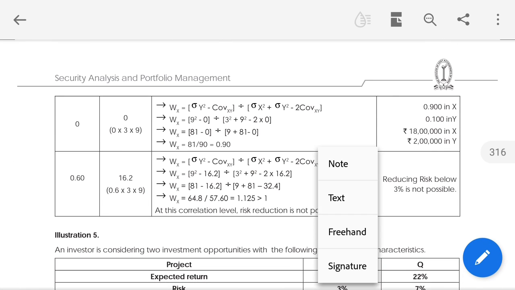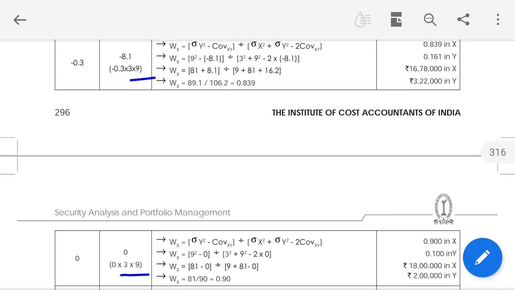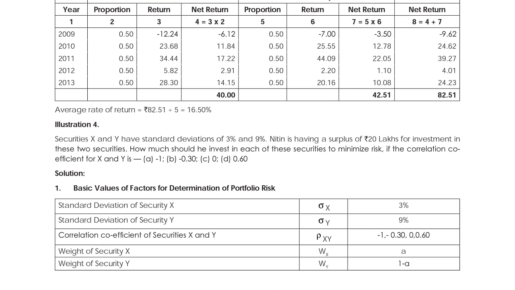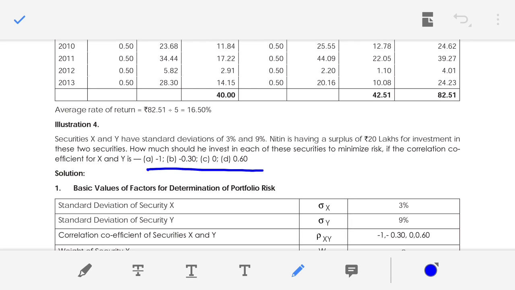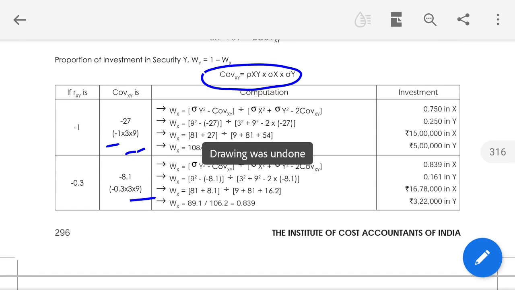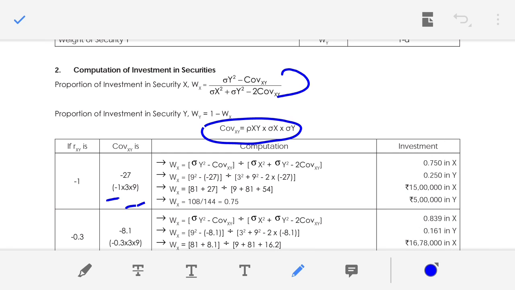Rho value changes according to the values given for the scenarios. So that becomes -27. So we have covariance and rho, and we have to implement this formula every time to get weights.